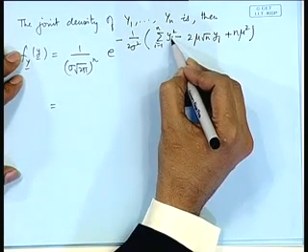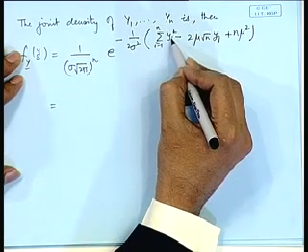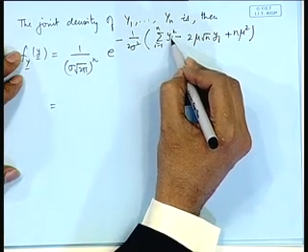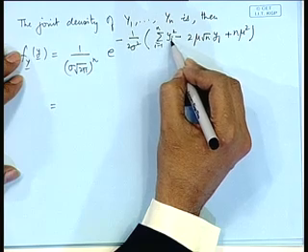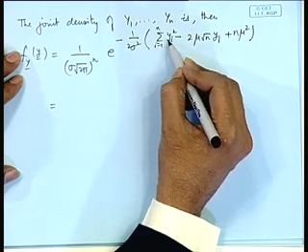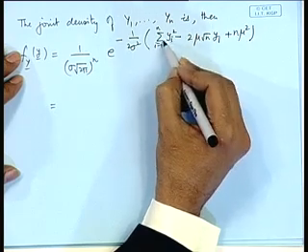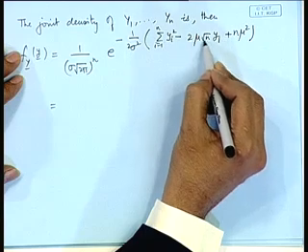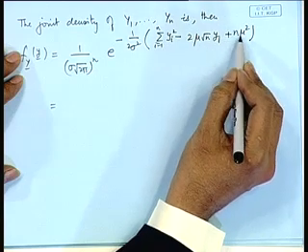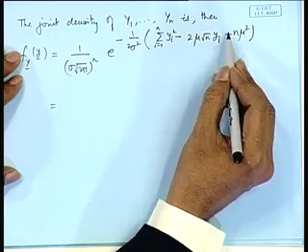Now, in this particular exponent, if I consider this sigma yi square, I write this as y1 square plus sigma yi square from 2 to n. Now, this y1 square minus 2 mu root n y1 plus n mu square becomes a perfect square.